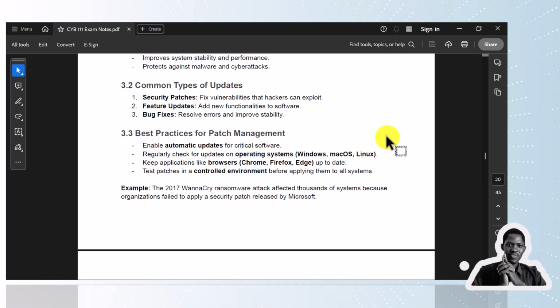Now, test patches in a controlled environment before applying them to all systems. This is in an organization setting. All of these apply to organizations and individuals, but this last part specifically applies in organization settings. You test patches in a controlled environment before applying them to all systems, because sometimes patches also break systems.